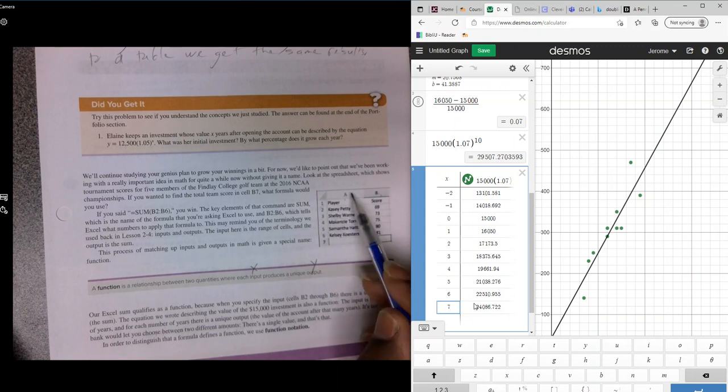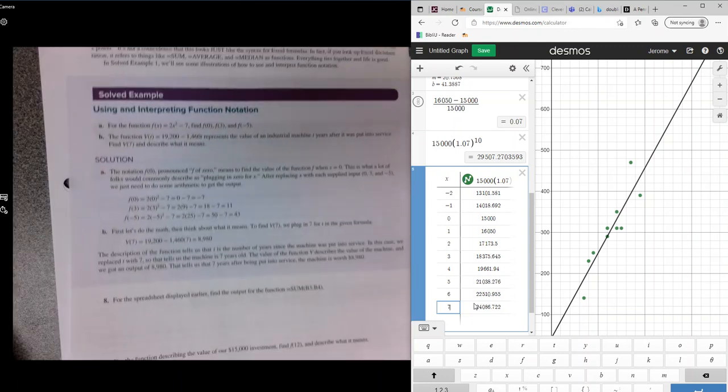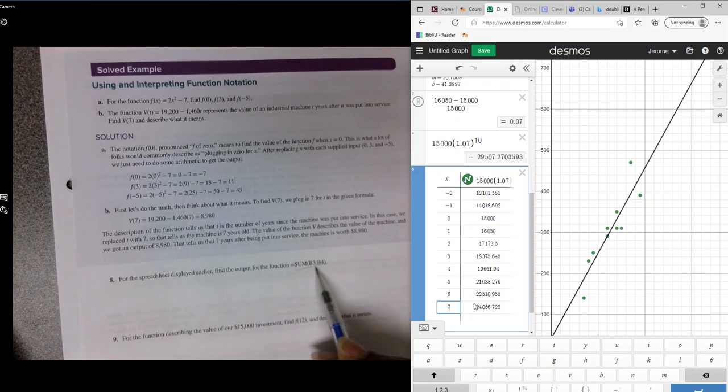So they ask us here to get the sum of B3 and B4. This is how you would write this in an Excel file. So they're asking us to add B3 and also B4. So we would have 73 plus 75 is equal to 148. That would be the answer for number 8.